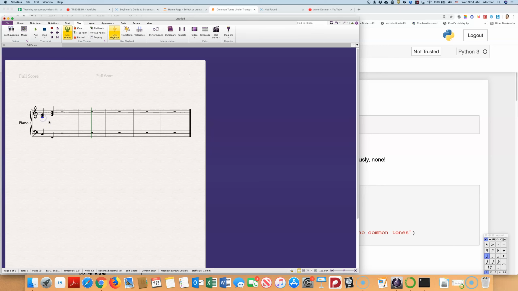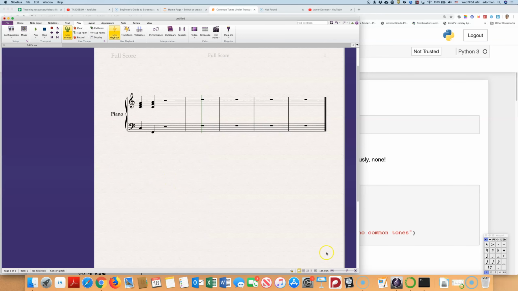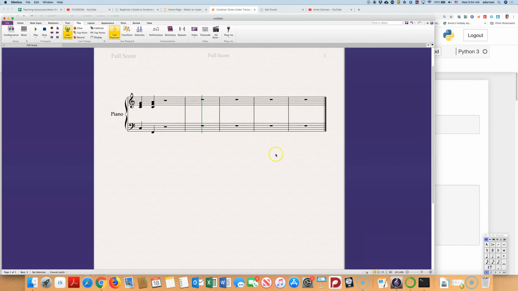Well, you'll notice that C is the only common tone between these two triads. And so, if you remember, we want to keep that C in place in the same voice, the tenor in this case. And the other voices, alto and soprano, moving by the closest possible motion.